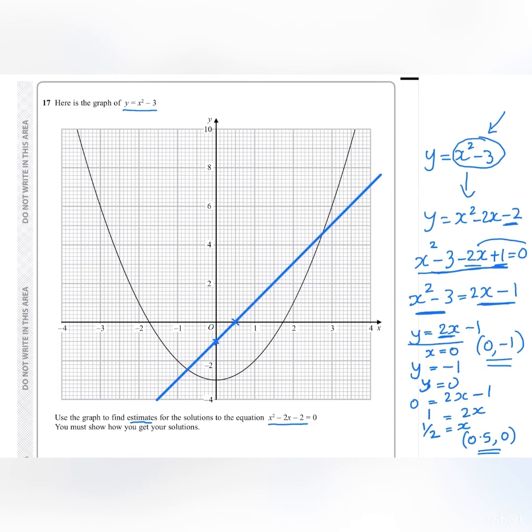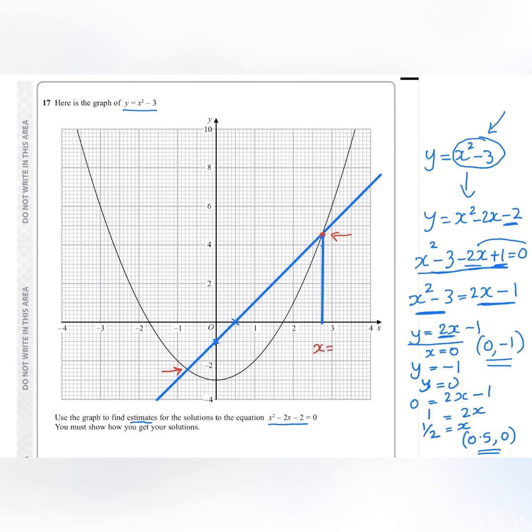Okay, now the two solutions that we are looking for, one of them is over here and the other one is over here. So if you look at this point, the x value from that point, if I just draw a line from there, we're looking at about 2.7.